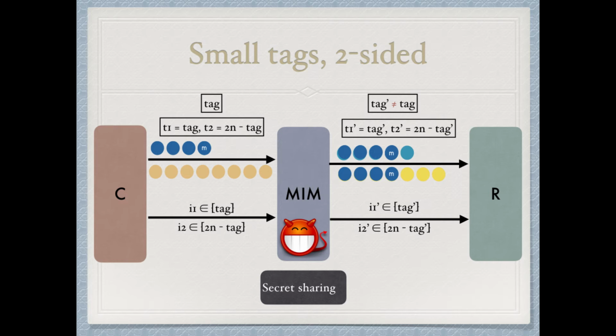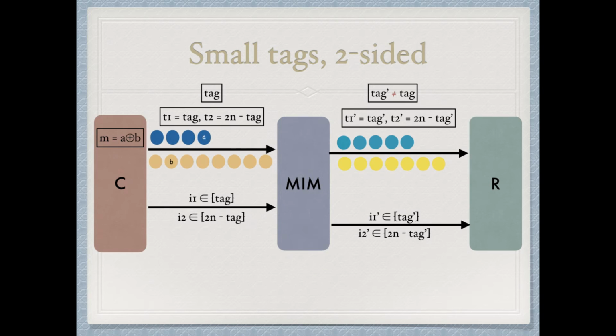The way we modify the protocol is, let's secret share your message into A and B, and now use the first set to commit to A and then the second set to commit to B. And you can run it in parallel now. Note that if the man in the middle tries to copy now, he's going to have to mix things up, and that might not work out so well for him.